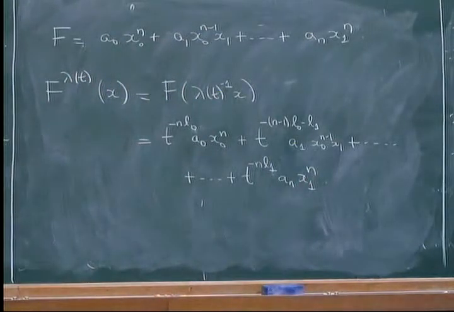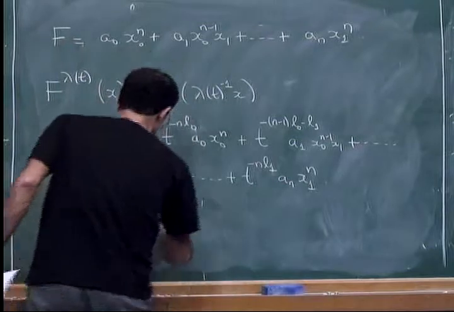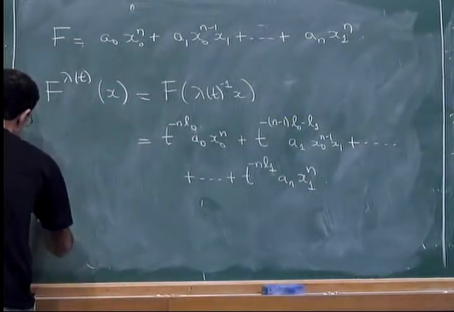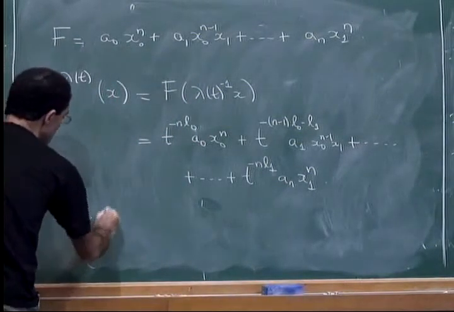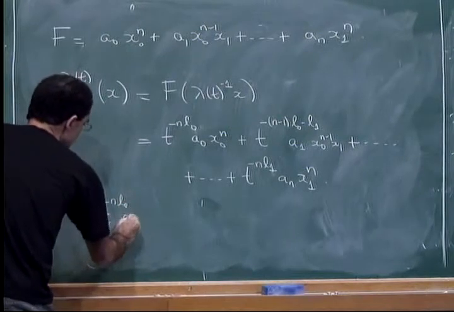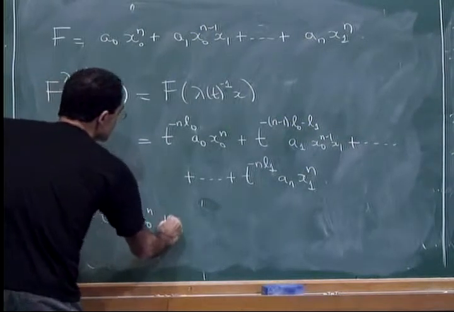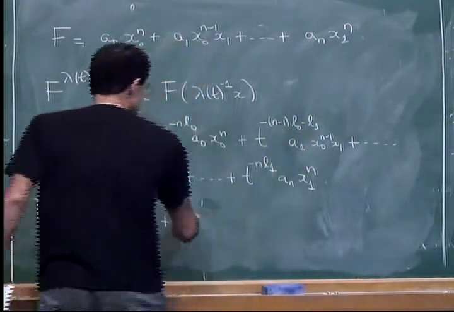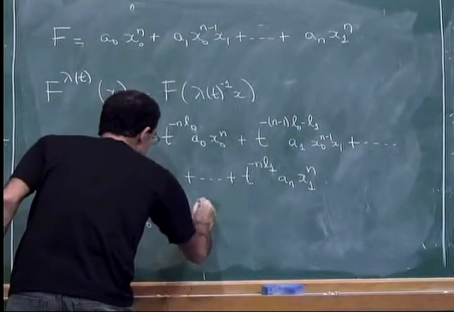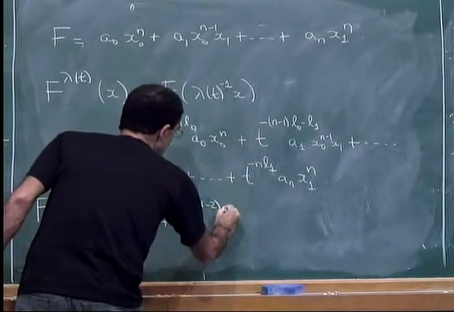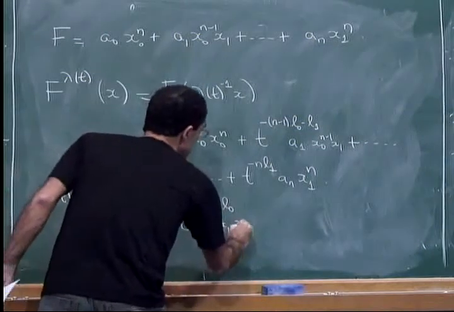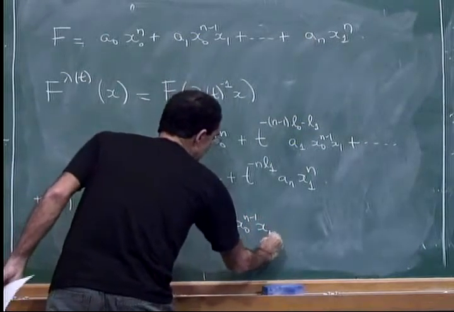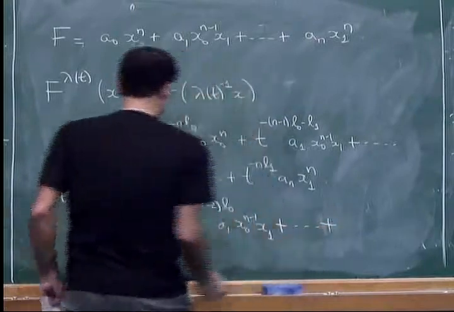I hope that this is clear. But now we use that L naught plus L1 is 0, so one is actually given in terms of the other. I can write f lambda of t as t to the minus n L naught, A0 x0 to the n, plus t to the minus (n minus 2) L naught, A1 x0 to the n minus 1 x1, and it goes on like that.